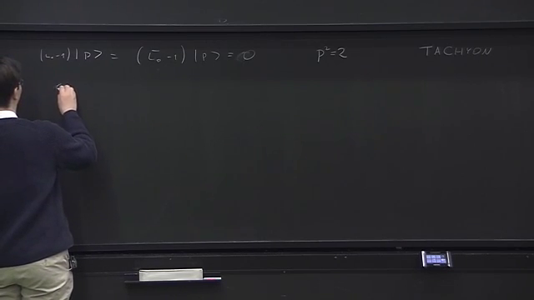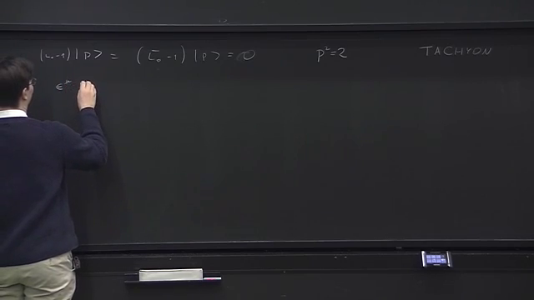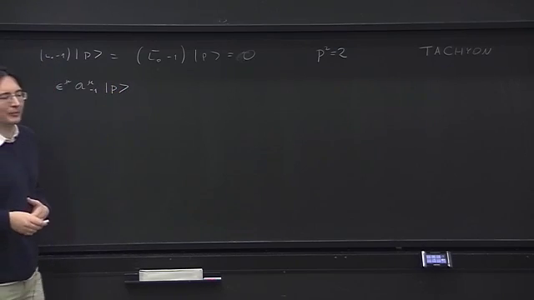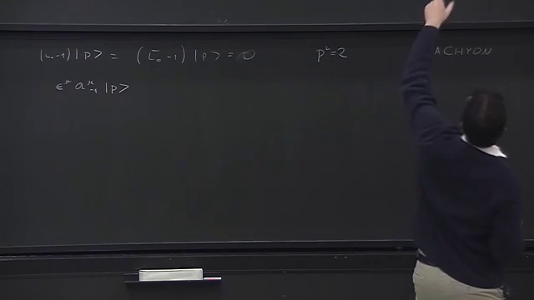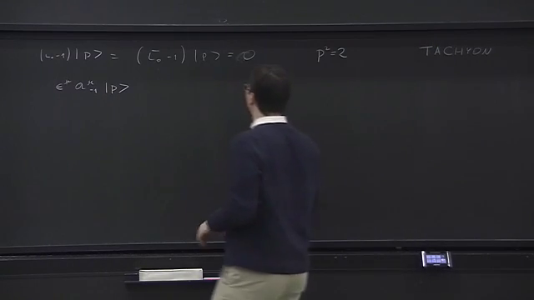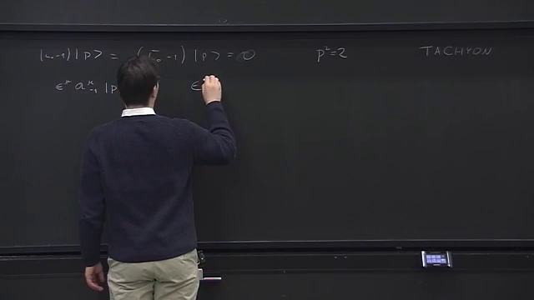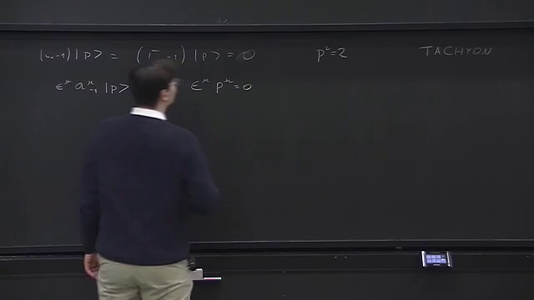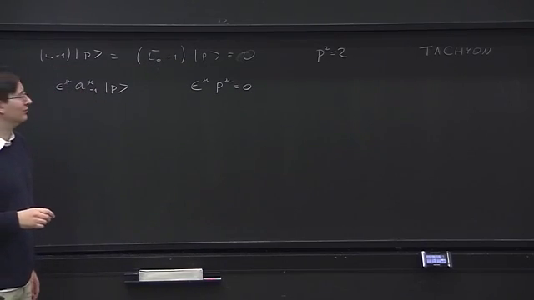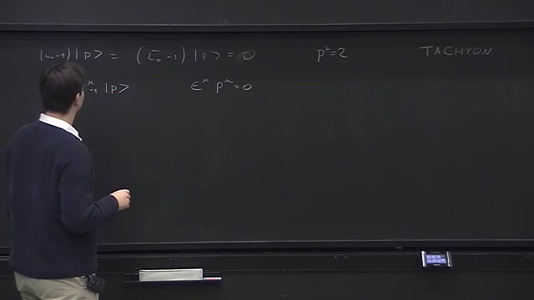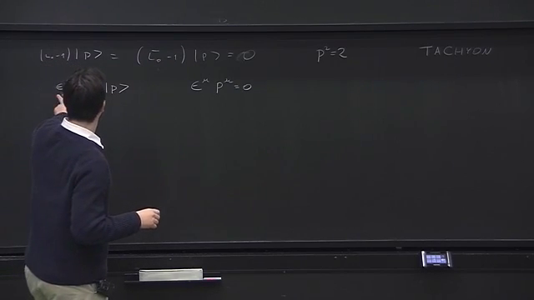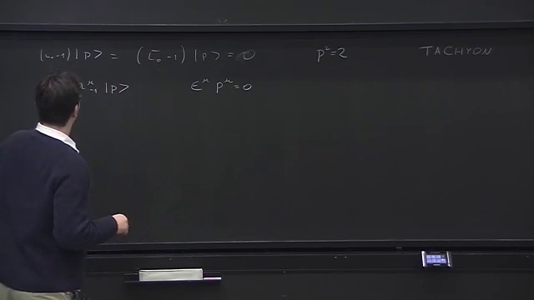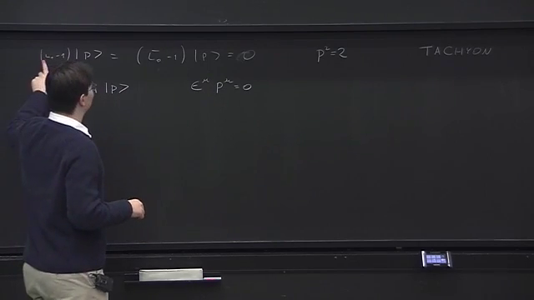Now we can look at states of level 1. Okay. So we found the condition for the states to be primary. The condition is that the polarization has to be transverse to p. We want them to have eigenvalue 1.